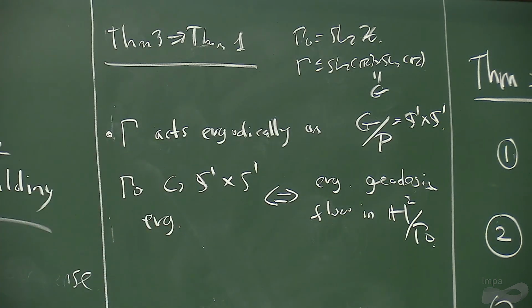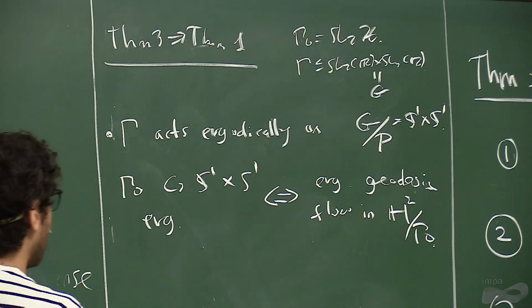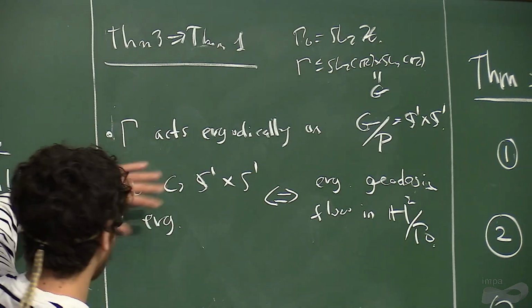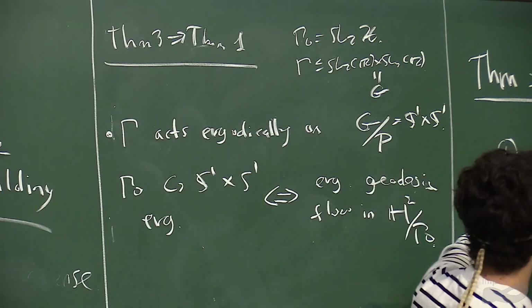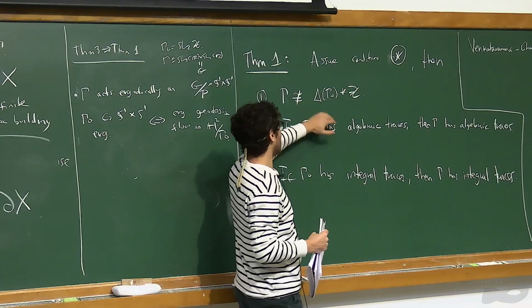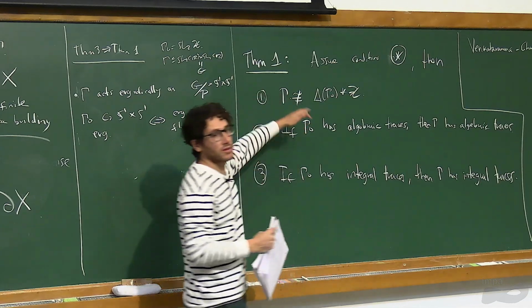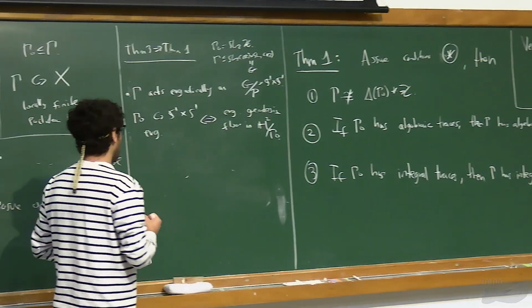So that's why we cannot have a less restrictive assumption for our theorem.